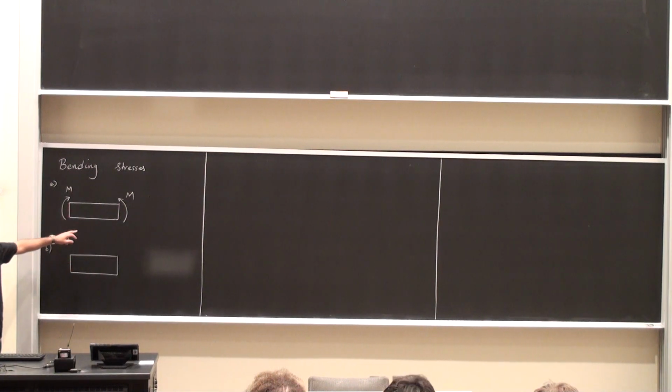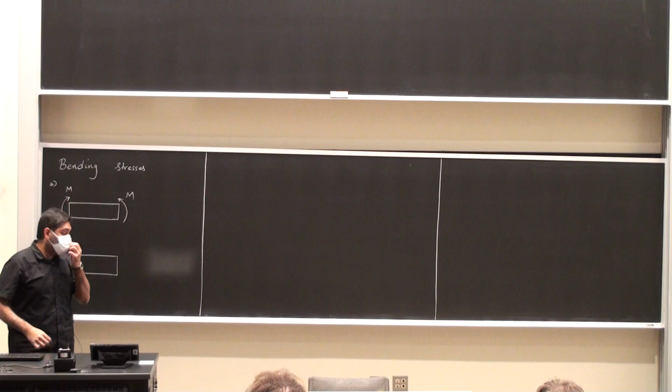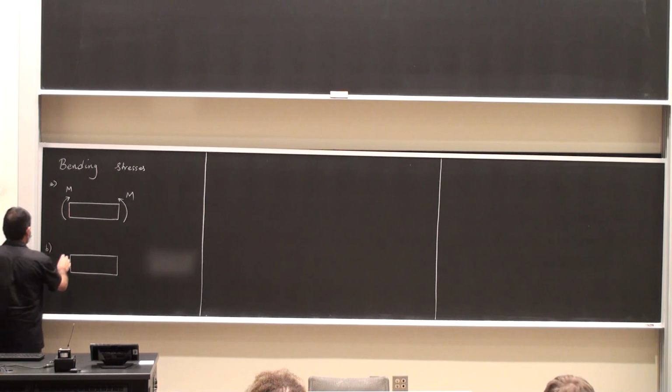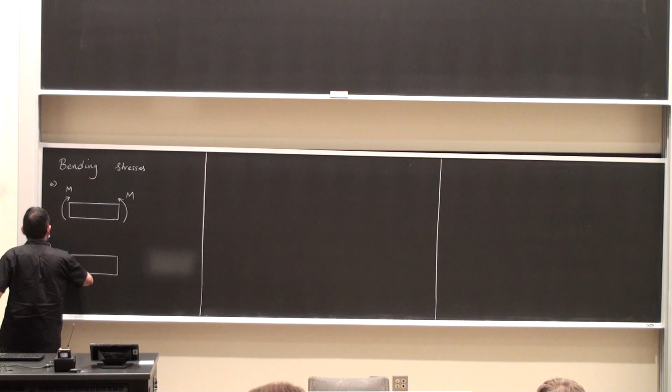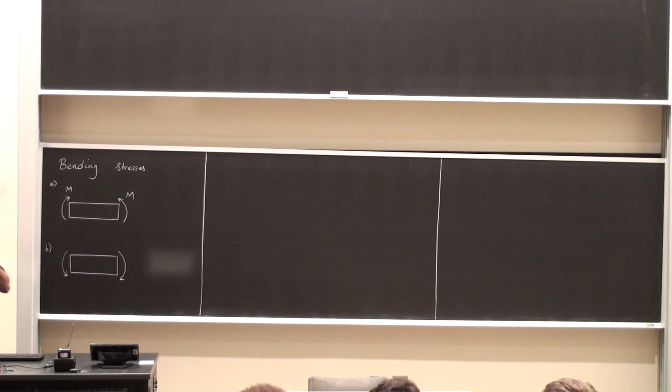This is according to the sign convention. I'm taking the beam and making it look concave upwards. In the second situation, I'm applying the bending moment in the opposite sense. This is against the sign convention.